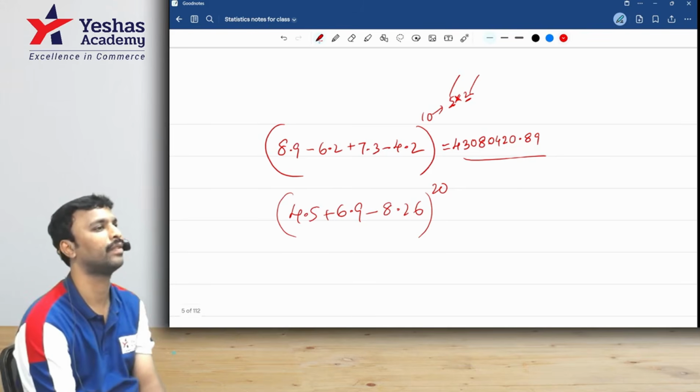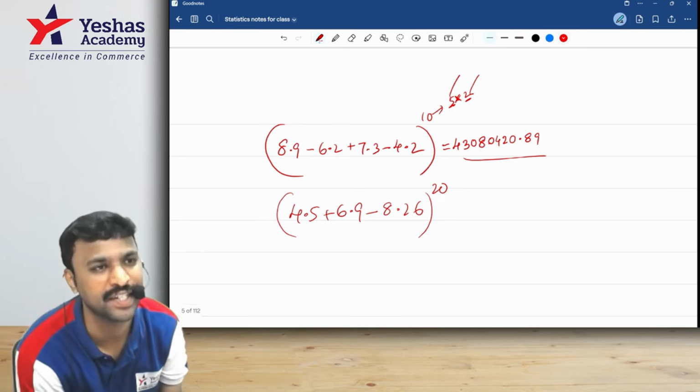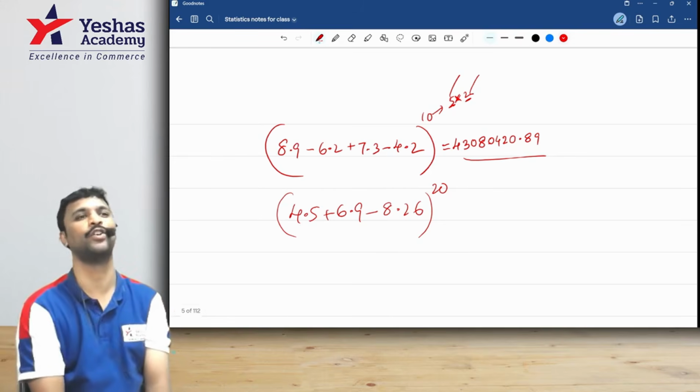20, 20. 5 into 4. Raise the power to 5 first. Press the into. Raise the power to 4.